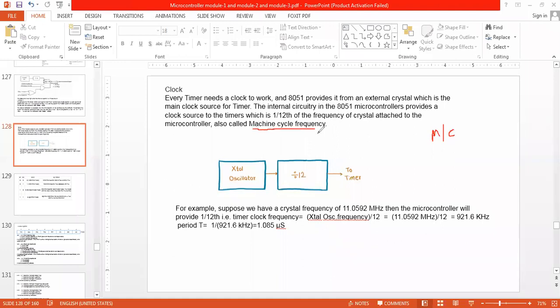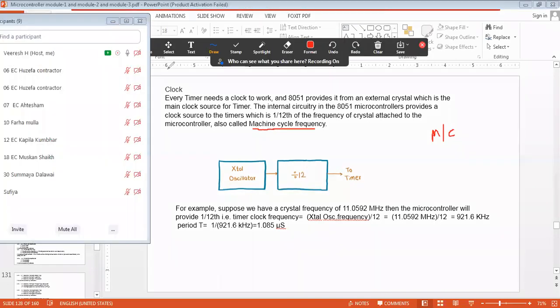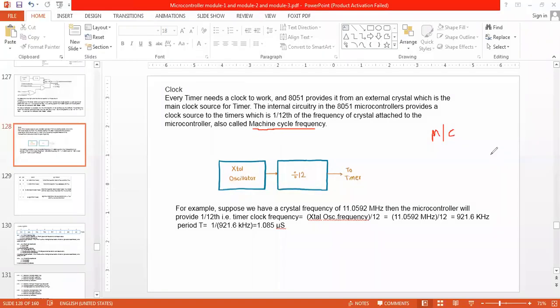Right here, what will happen now? I have pin number 18 and 19, which are connected to a crystal oscillator.